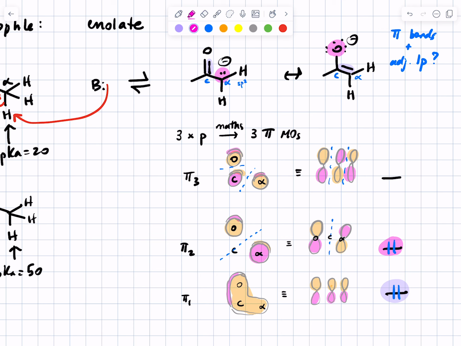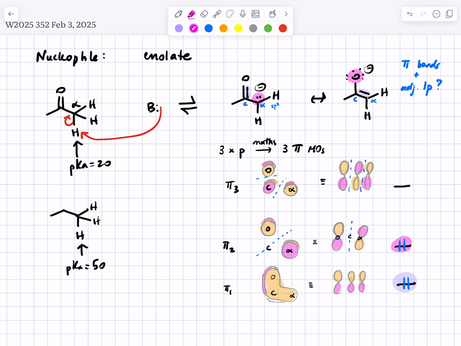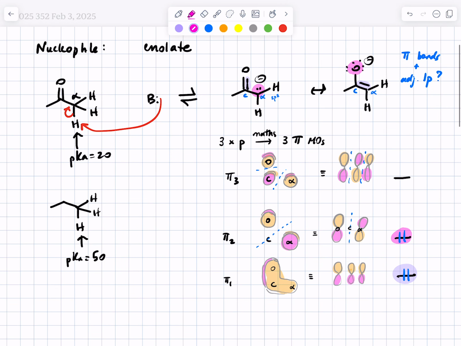All right, so this is a MO picture of resonance. We'll come back to something like this in the future when we talk about resonance in benzene rings. But for now, the idea that the enolate is resonance stabilized is good enough. Okay, so this pKa is high enough, though, that you expect the enolate to be relatively nucleophilic.